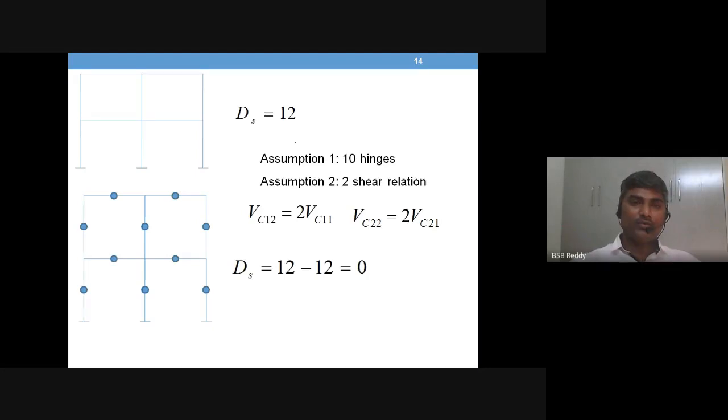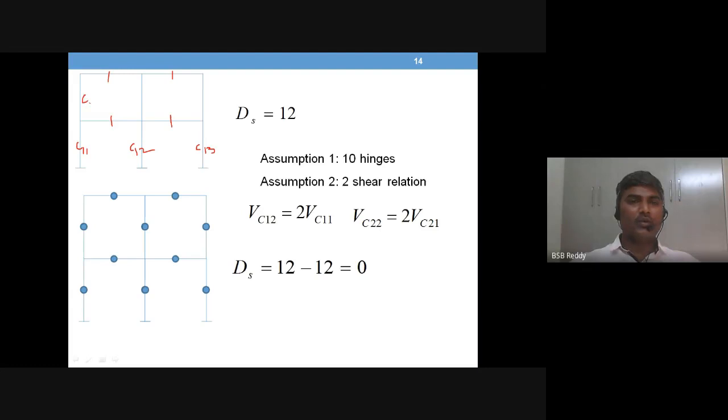So now if you go for both number of bays and number of stories, let us see how it is. So 1 2 3 4. Now let us say this is story 1, column 1, story 1, column 2, story 1, column 3.